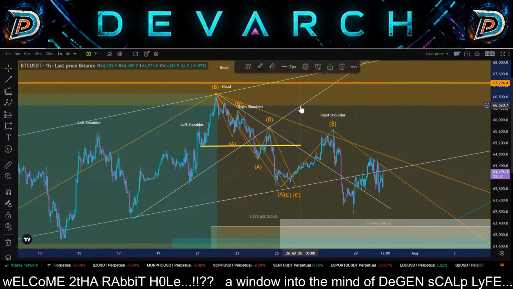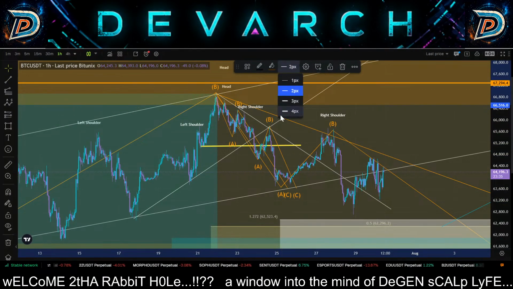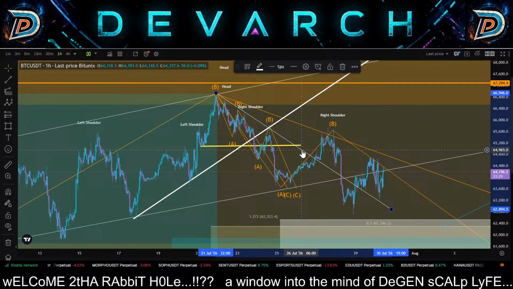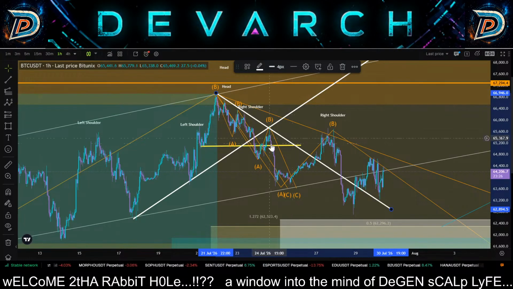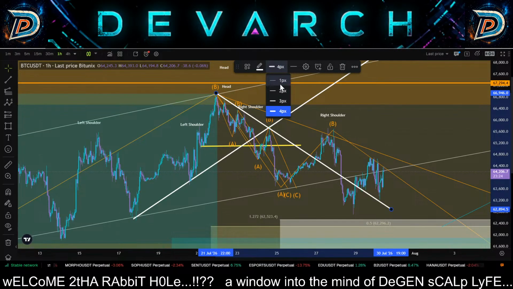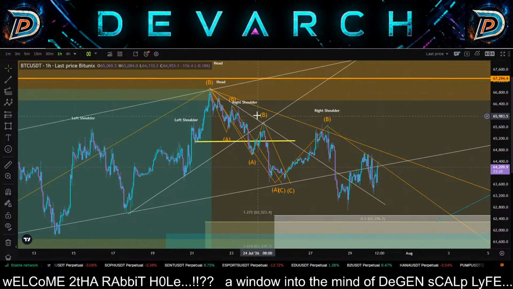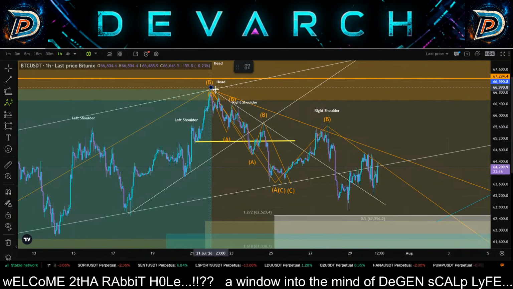And notice the symmetry between this line here, this line here, this line here, and this line here. Notice the symmetry. And we can see here.